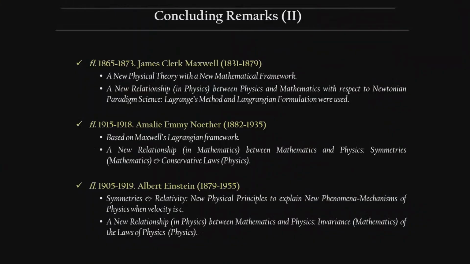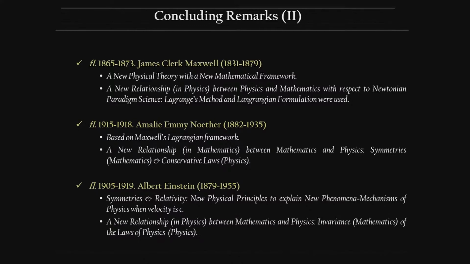So, about Maxwell: a new physical theory with a new mathematical framework, a new relationship between physics and mathematics with respect to the Newtonian paradigm, the Lagrange method and Lagrange formulation. Noether, based on the Maxwell-Lagrange framework: a new relationship in mathematics between mathematics and physics, symmetry in mathematics and conservation law in physics. I say this in a general way, okay, we can go into details.